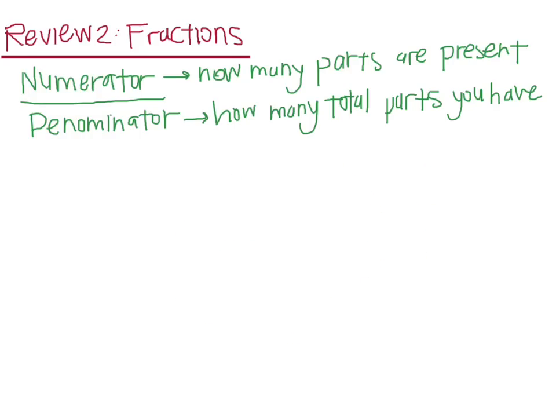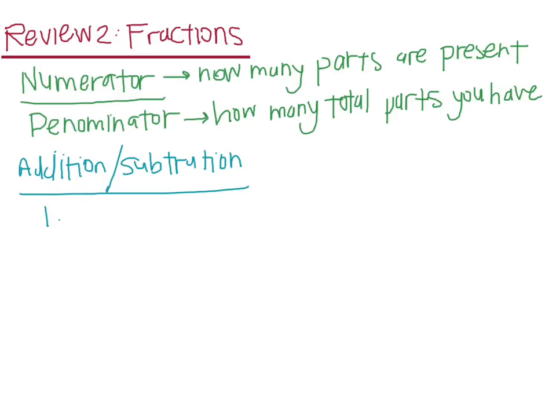Okay, let's get rid of the pizza and talk about addition and subtraction and how that is done with fractions. With addition and subtraction, we really have 2 rules when it comes to fractions. The first rule is that you have to have a common denominator.